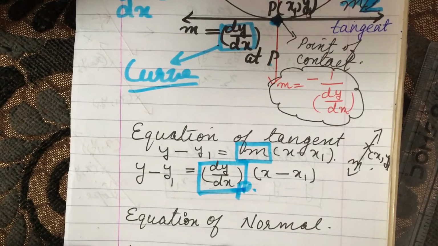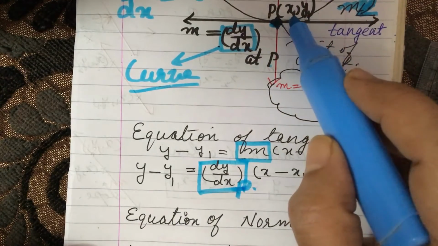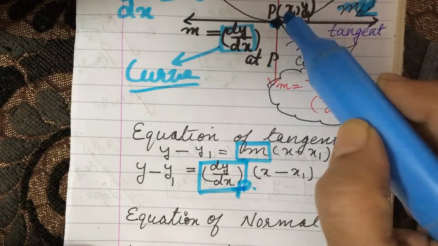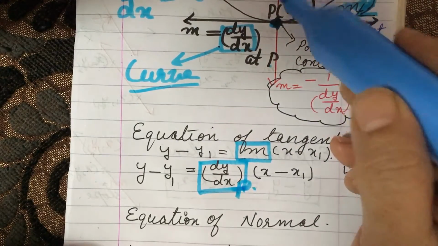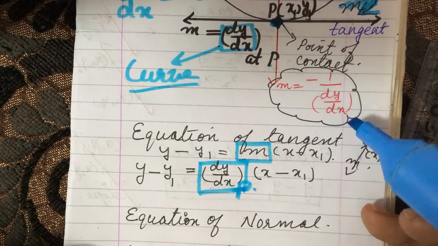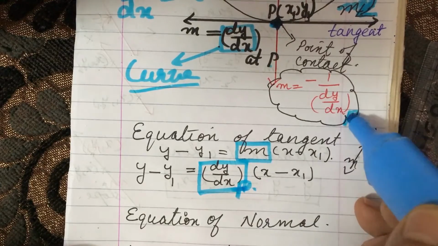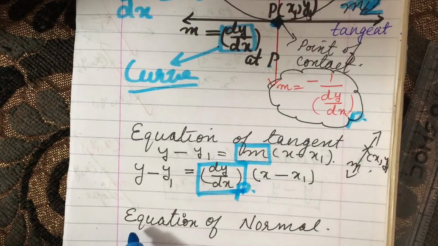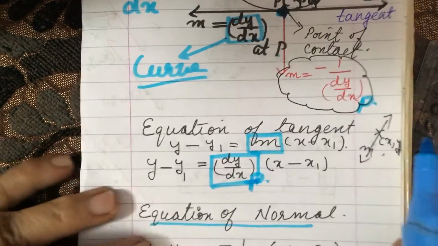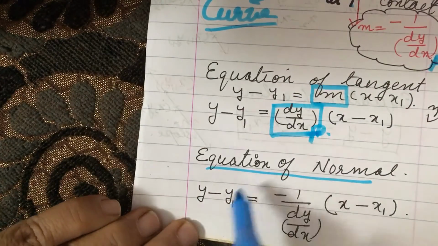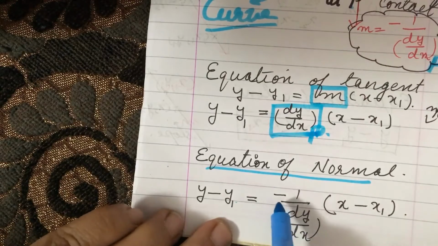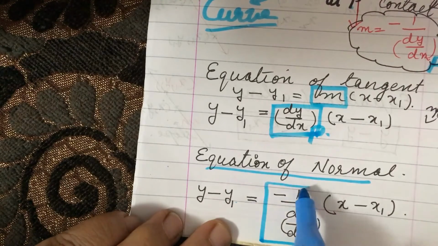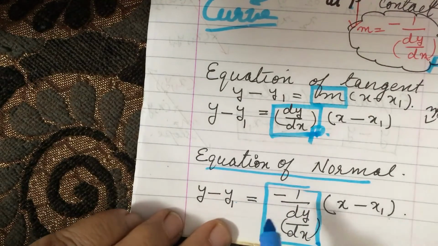Similarly, for the equation of the normal, the given point on the normal is (x1, y1) and the slope is minus 1 by dy by dx at P. Then the equation of the normal is y minus y1 equals the slope m into x minus x1.